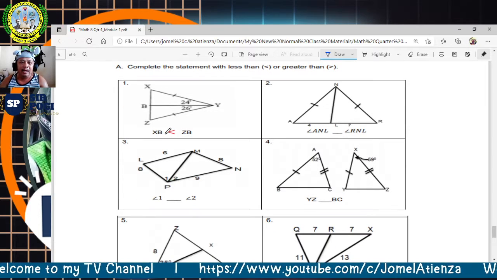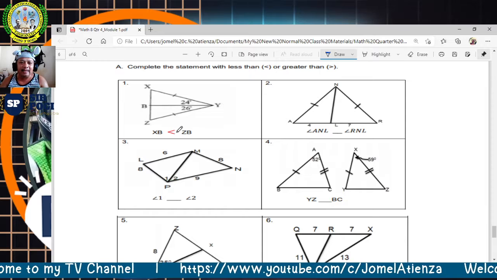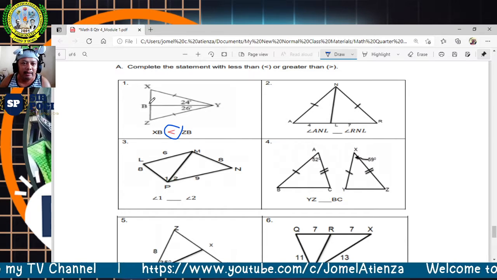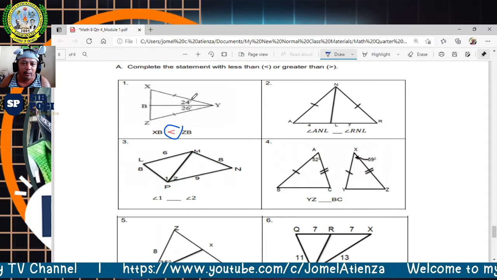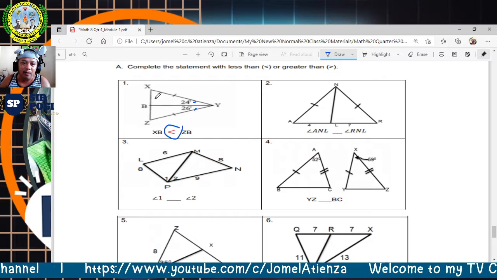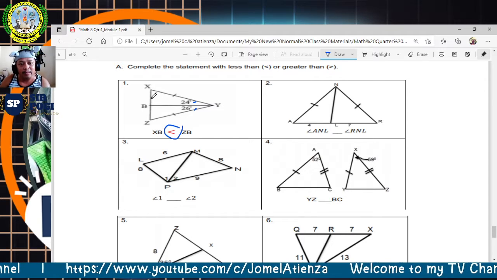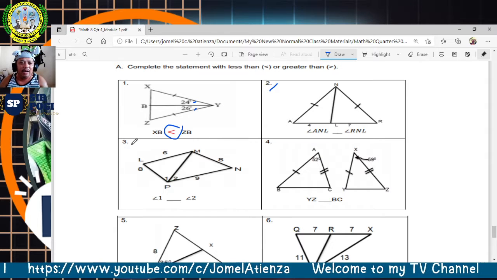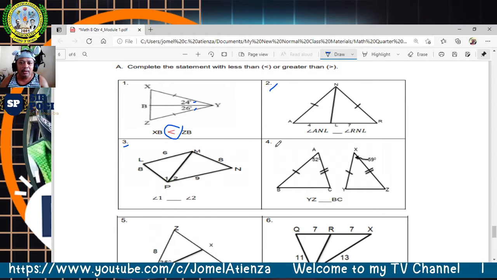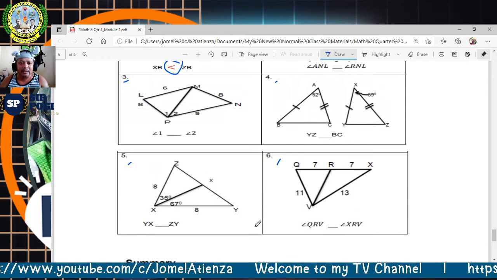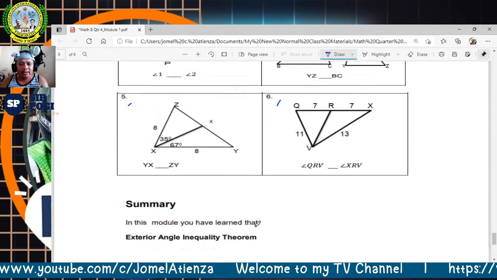Given, XB is less than CB, because this is only 24 degrees and this one is 26 degrees. So therefore, the opposite side of 24 degrees is smaller. Okay? So you will answer numbers 2, 3, 4, 5, and 6. That is 5 points.